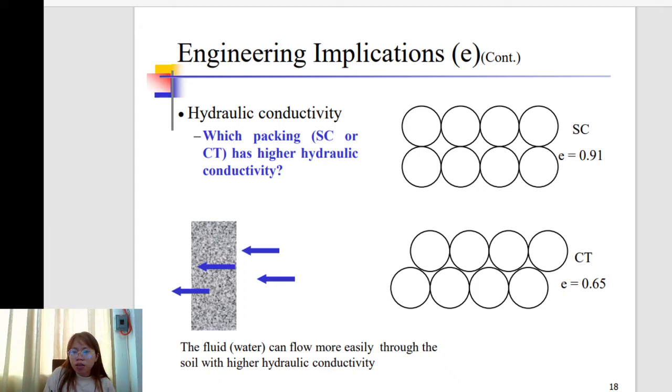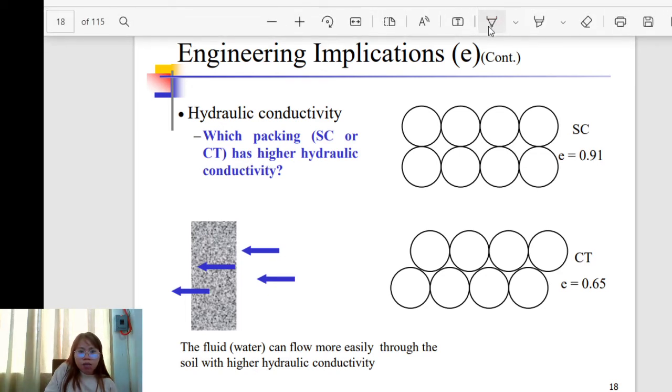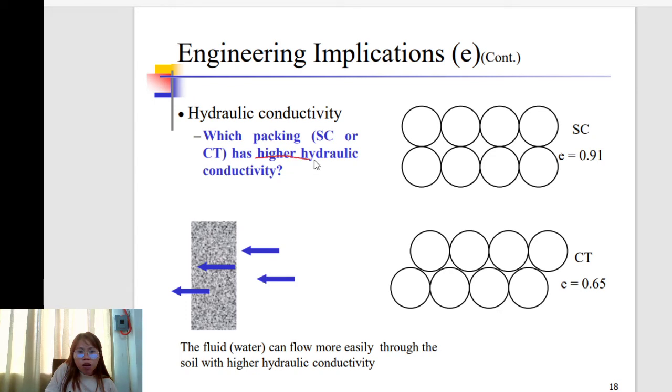The meaning of hydraulic conductivity is how easily the water can flow. Between the arrangements, simple cubic or cubic tetrahedral, of course the simple cubic has the bigger voids.